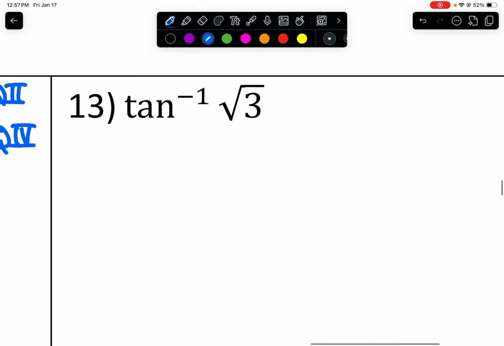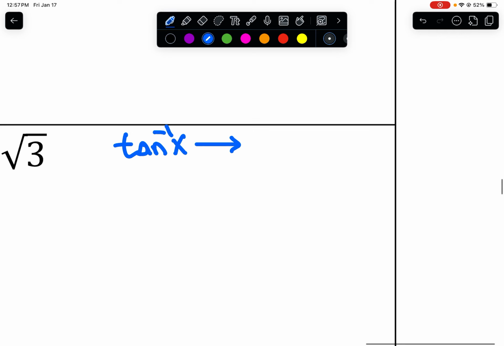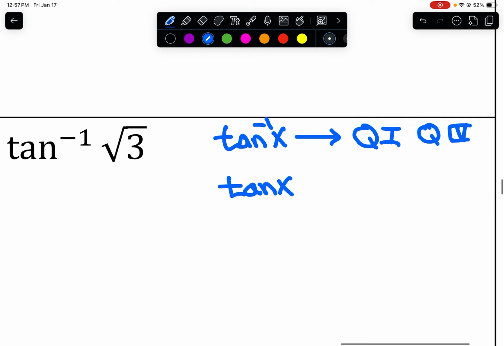All right, now tangent. Think about inverse tangent. Inverse tangent can be from negative pi over 2 to positive pi over 2, so that's going to be quadrant 1 and quadrant 4. But tangent here is positive only in quadrant 1 or quadrant 3.